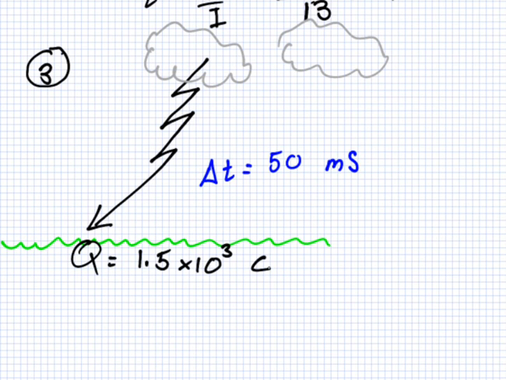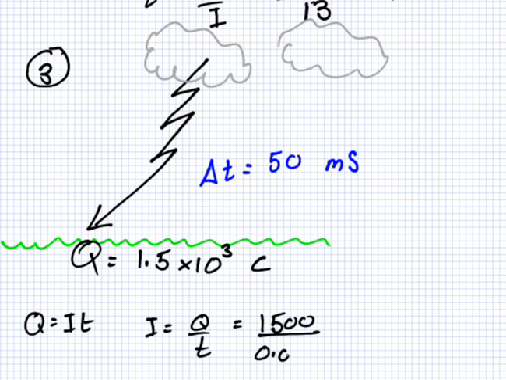Here, look, I'll even draw clouds for you. So the time is quite small. It's only 50 milliseconds. And the charge is quite large. 1.5 kilo coulombs. There's a lot of charge.